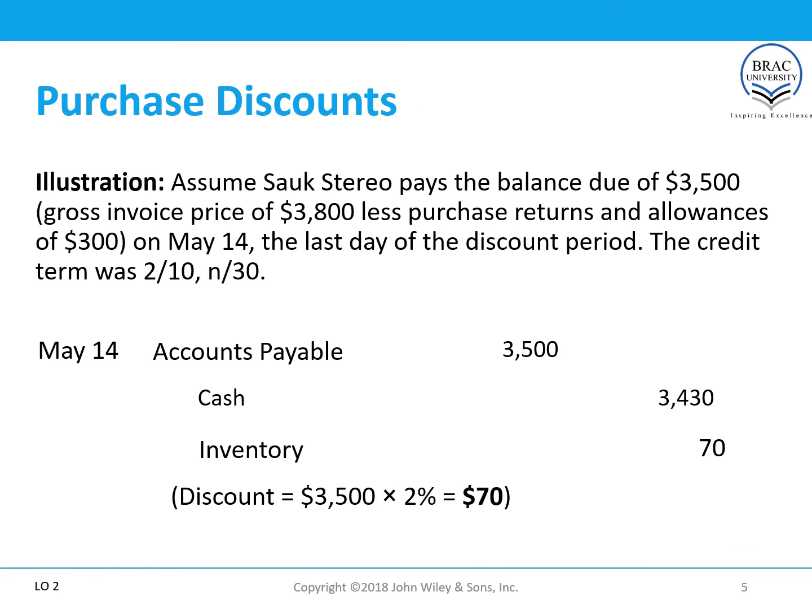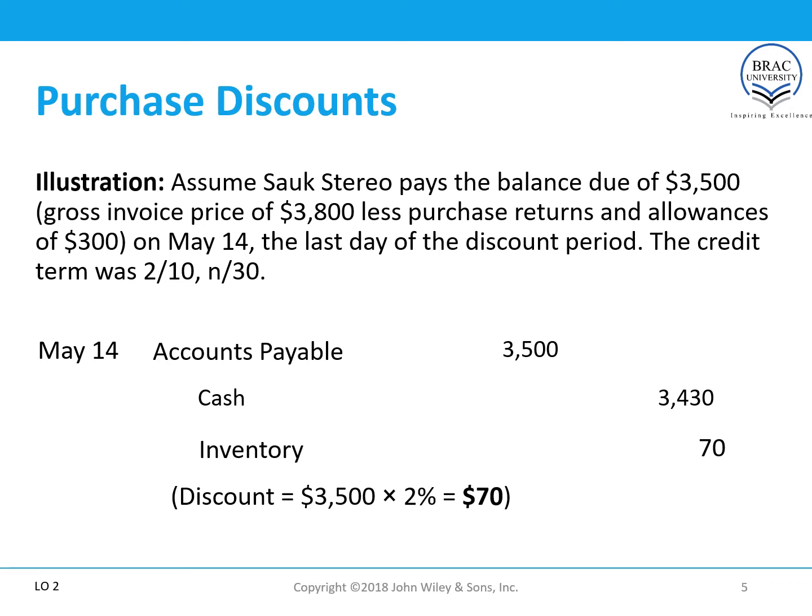In order to understand the purchase discount better, let's consider an example. Let's assume that Sock Stereo pays the balance due of $3,500 on May 14, which was the last day of the discount period, and the credit term was 2/10 net 30. Before getting into the transaction, we have to remember that when the buyer pays an invoice within the discount period, the amount of discount decreases the inventory cost.